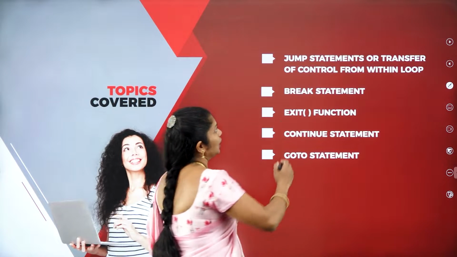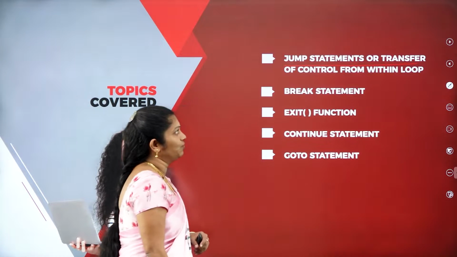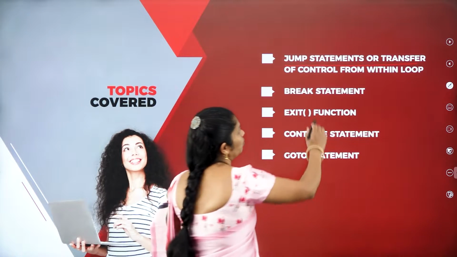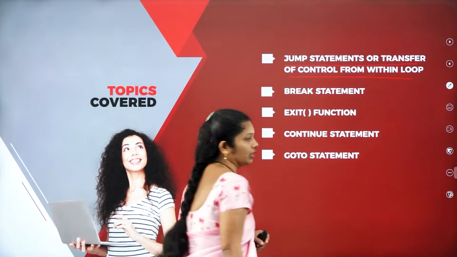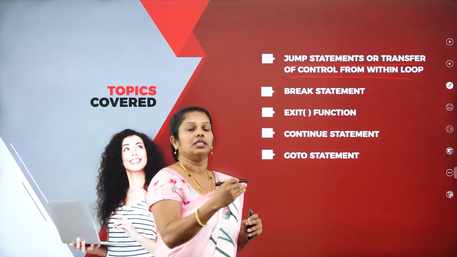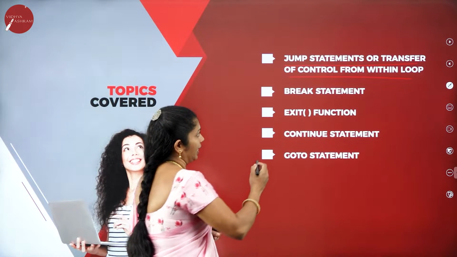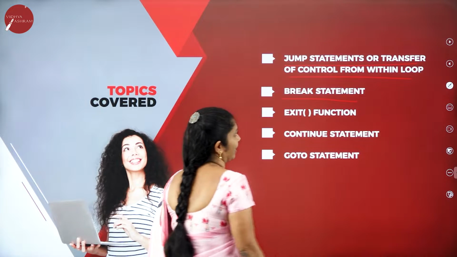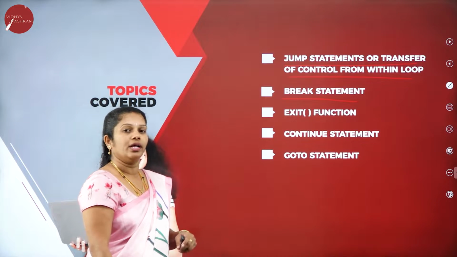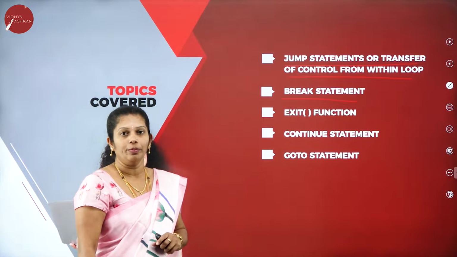In today's class, you will come to know about jump statements, or transfer of control from within the loop, or within the program, from one part of the program to another part of the program, how we are able to jump. Under that, you will especially study the break statement, which helps to come out from the loop itself.